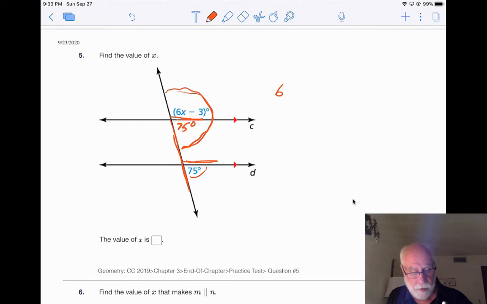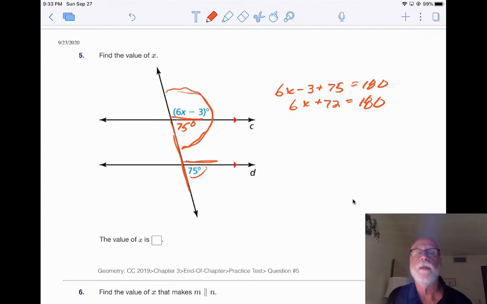So we can say that 6x minus 3 plus 75 is equal to 180 degrees. If we want to simplify the one side first, we can say that 6x plus 72 is equal to 180 degrees.